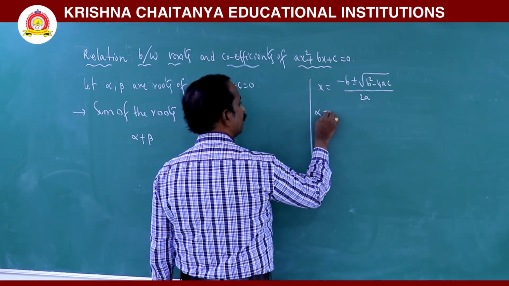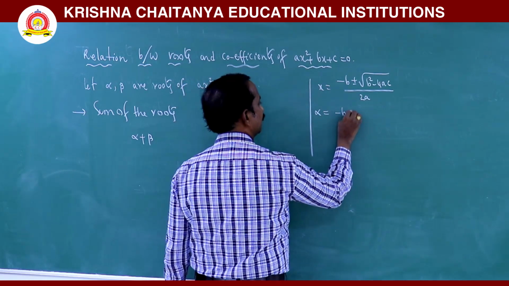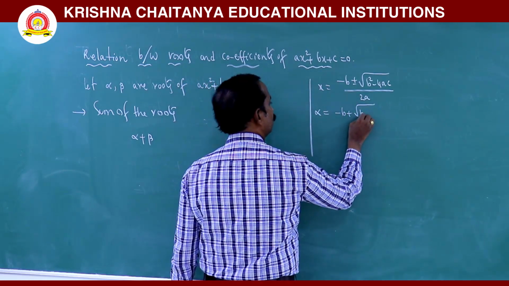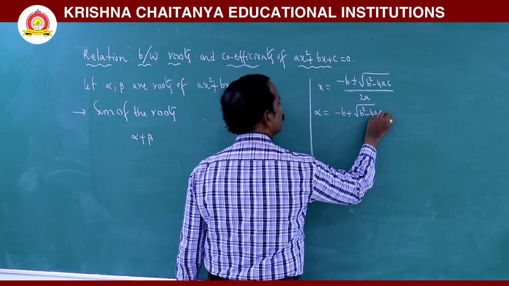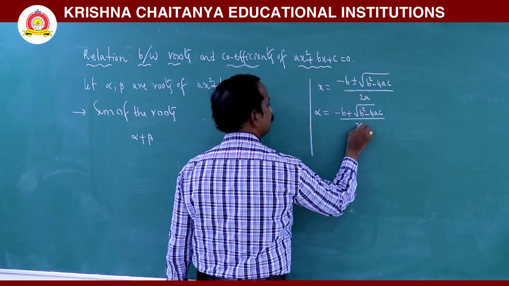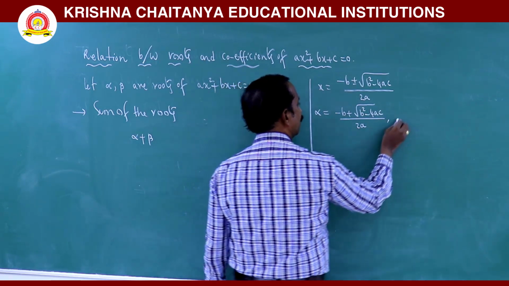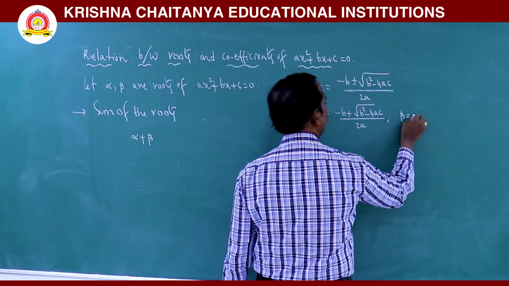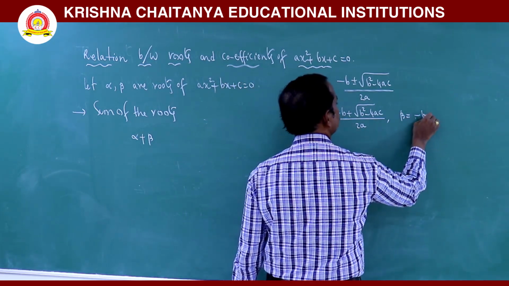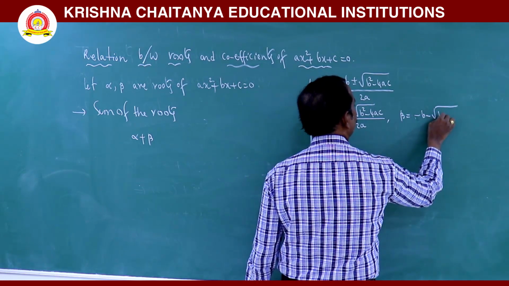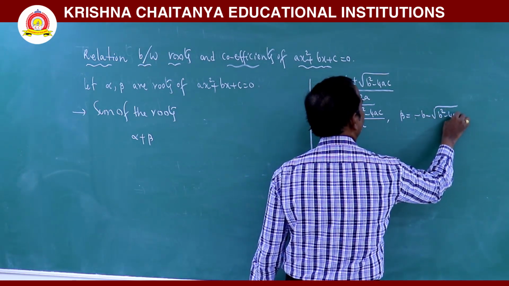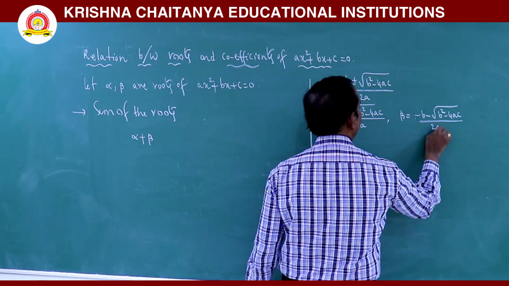So here alpha is equal to minus b plus root of b square minus 4ac divided by 2a, and the other root is beta is equal to minus b minus root of b square minus 4ac divided by 2a.